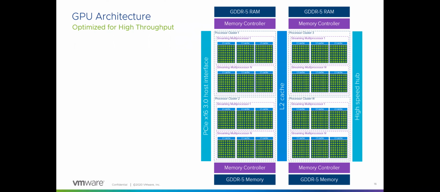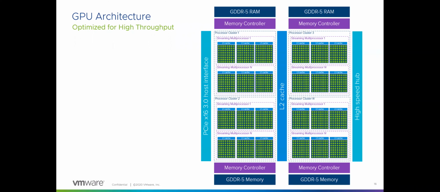It hides the memory latency a bit because we are keeping the cores at work. So we'll see some level 1 caches across the device. We'll have a shared level 2 cache, and basically all the screen buffering is done in GDDR5, or with newer cards, even GDDR6 memory, which is a lot faster.